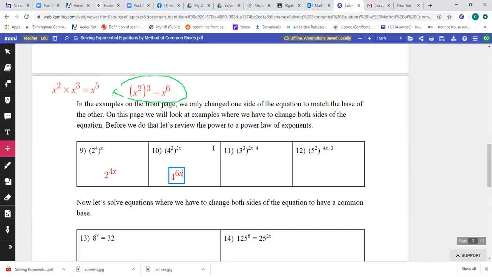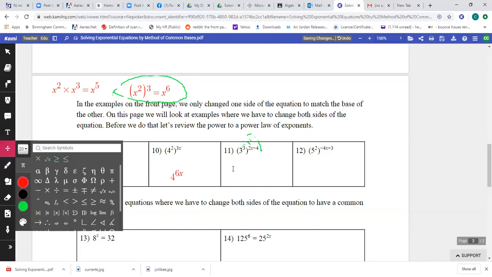Now, number 11, we really haven't done this yet, because on last week's lesson, we never had two terms. But if I multiply the 3 times the 2x minus 4, just like Tony said, you have to distribute. So that means you have to distribute to both the 2x and to the negative 4. Sorry for those bad arches.